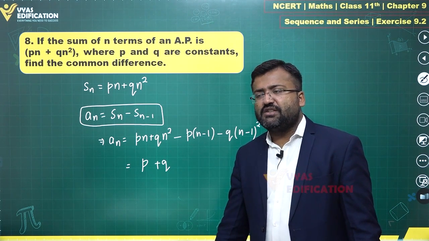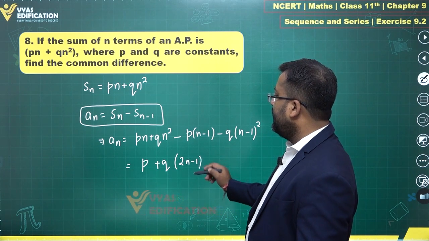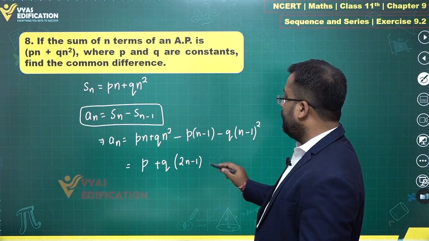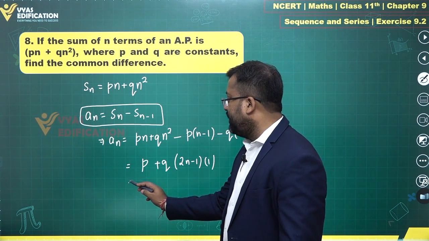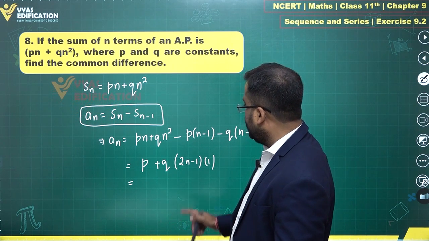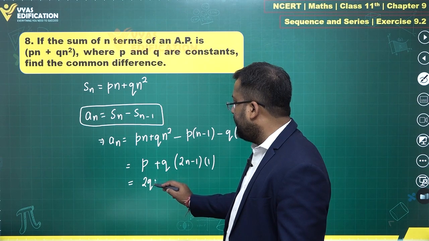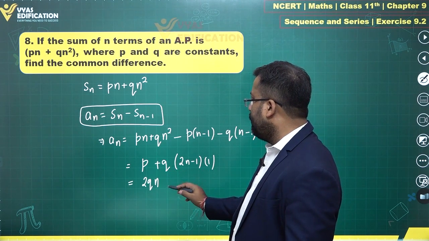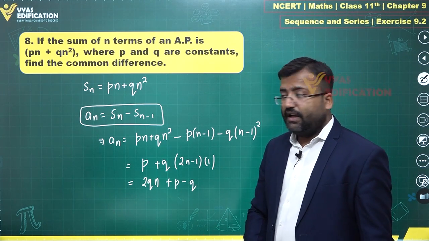This is A square minus B square, which will be A plus B, n plus n minus 1, 2n minus 1. N minus n plus 1 will be 1. This is it. So, A plus B, A minus B is what I have applied over here. What does this become? This becomes 2nq or 2qn minus q plus p. This is what you get, right?